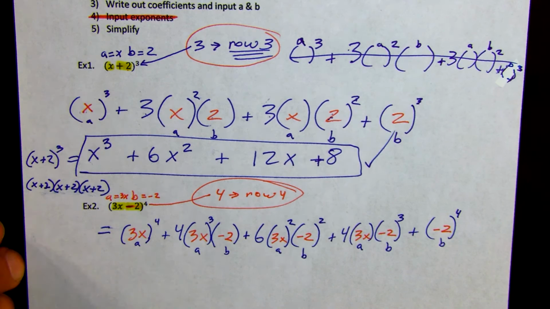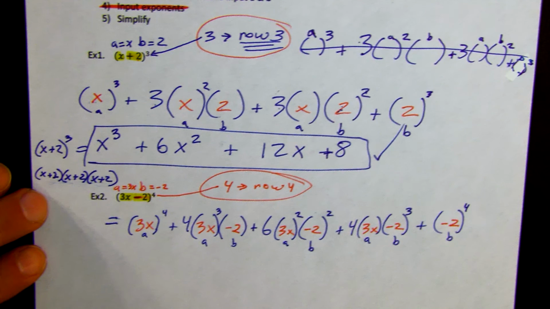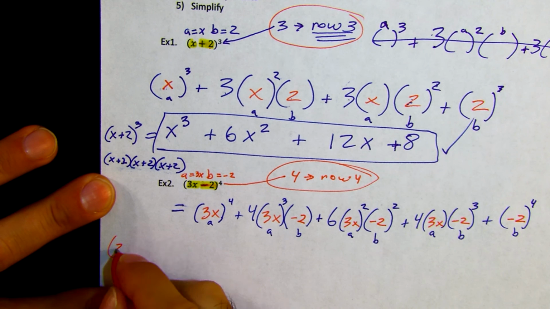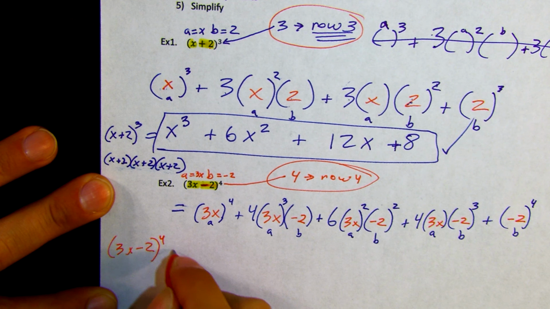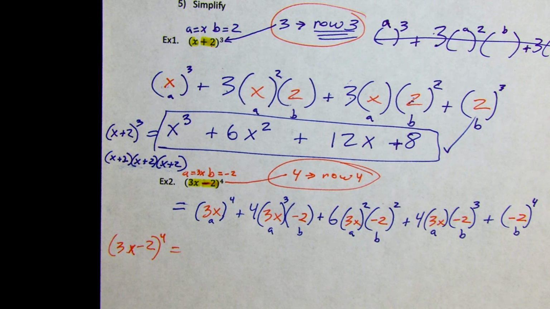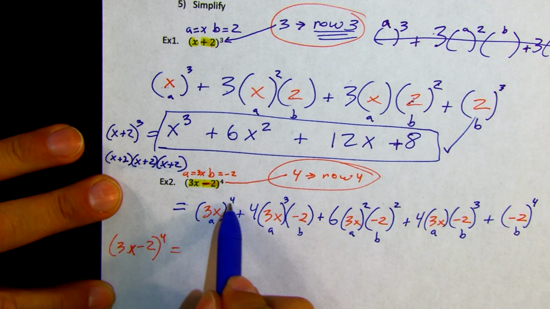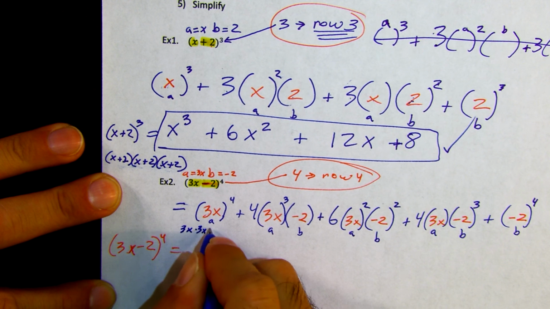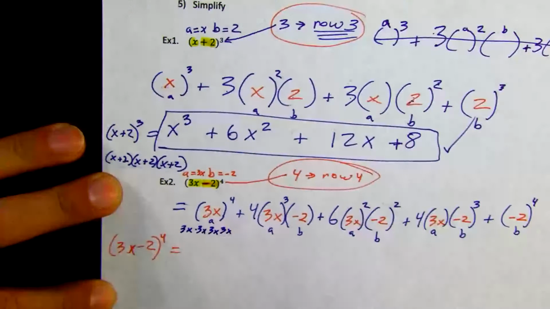Now, to simplify this, that was our last step, is to simplify it. We're going to figure out what 3x minus 2 to the 4th is equal to. I'm going to do the expand method just so we can remember what it is. Because look, 3x to the 4th is 3 times x times 3 times x times 3 times x times 3 times x.